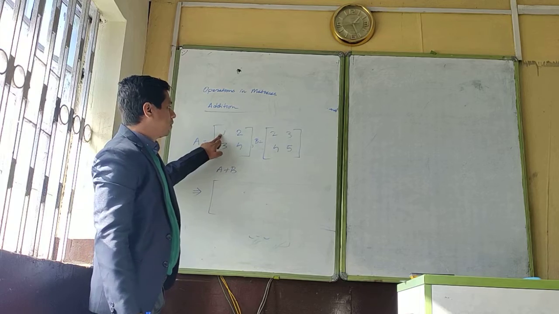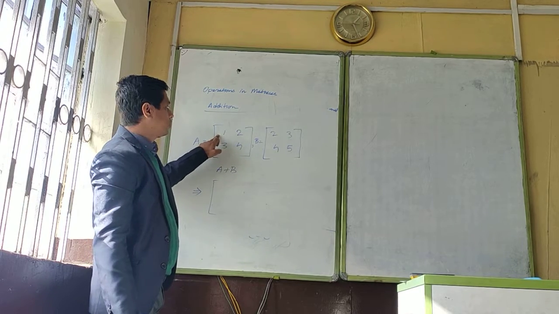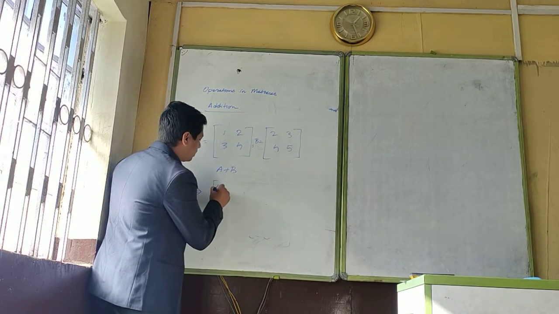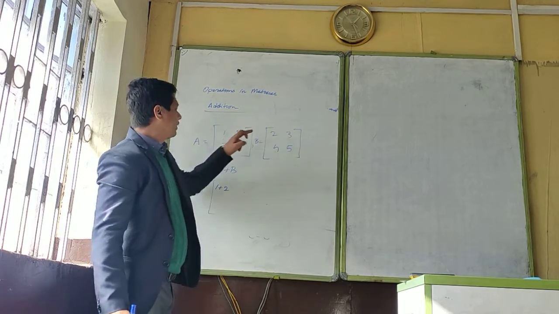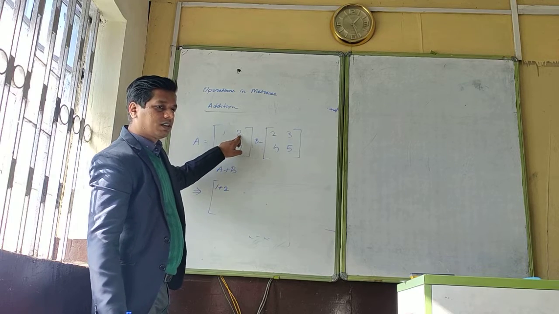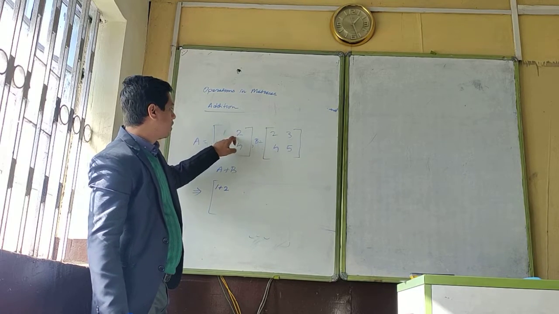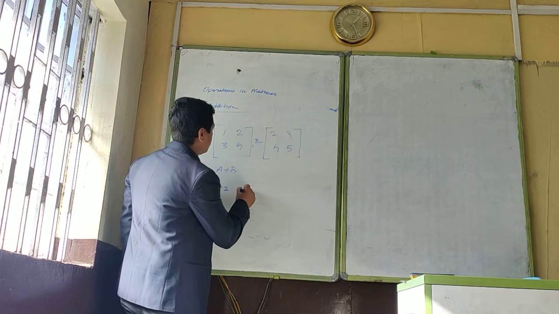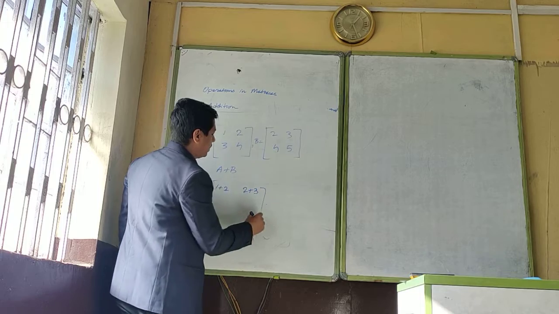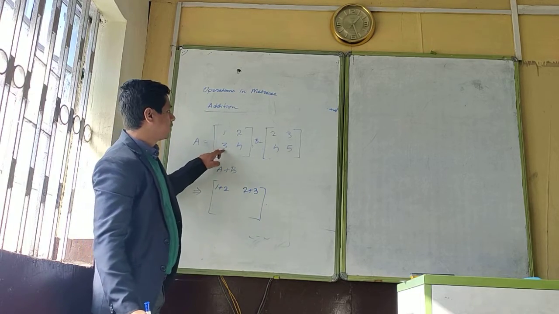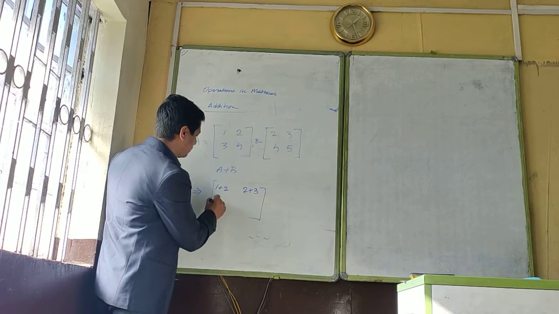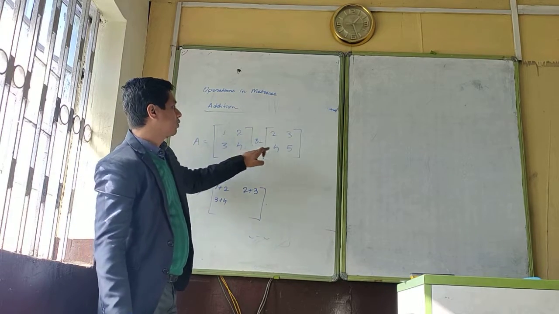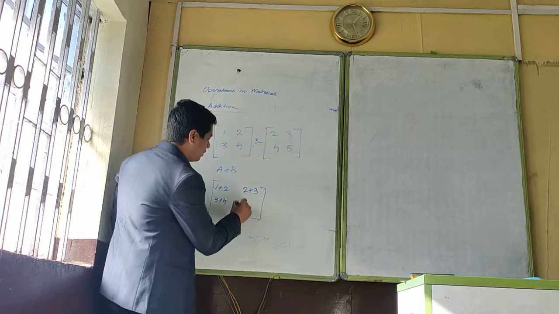We will add the corresponding numbers: first row, first term with first row, first term; second term of the first row with second term of the first row; similarly second row, first term, 3 plus 4; and second term of the second row with second term of the second row.